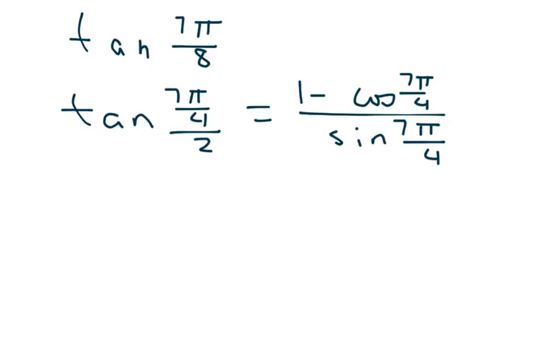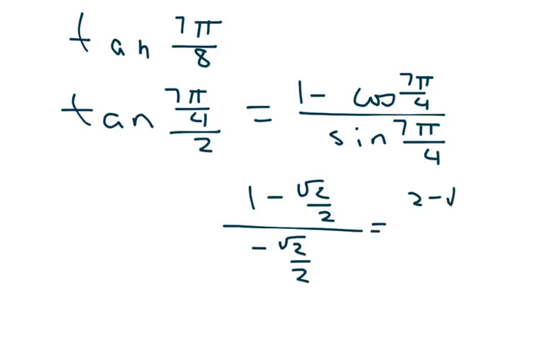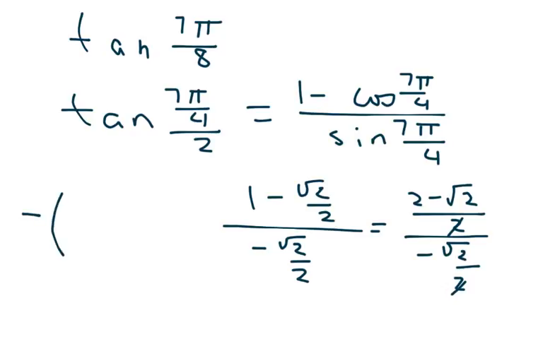Now, we already know that this is going to be 1 minus root 2 over 2 divided by a negative root 2 over 2, which equals 2 minus root 2 over 2 divided by negative root 2 over 2. They cancel. You rationalize the denominator.